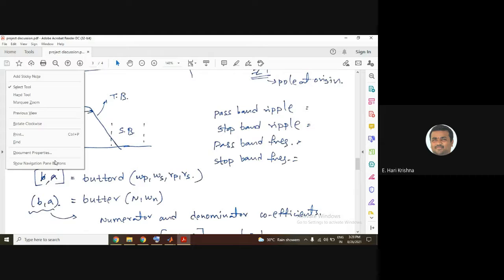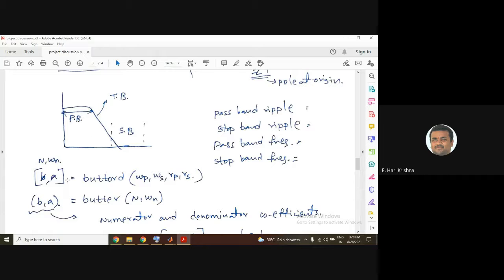N is equal to log of (10 power 0.1 alpha S minus 1) divided by (10 power 0.1 alpha P minus 1). That computes the order. The same function is done here by Buttord. It computes the order of the filter and the cutoff frequency, and gives these as inputs to the Butter function.